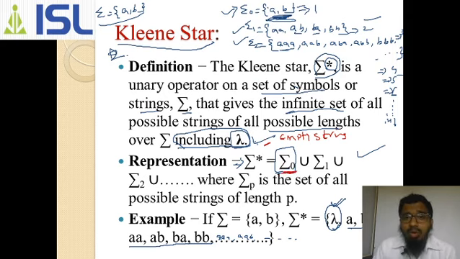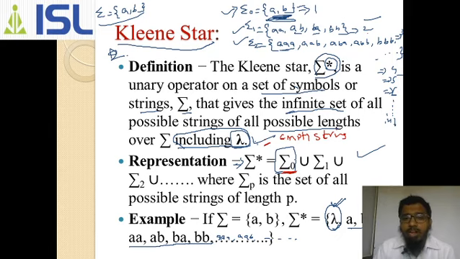This Kleene star starts from sigma 0. Sigma 0 is the empty string. Sigma 1, what is sigma 1? With this sigma we can make A, B. Sigma 2 gives AA, AB, BA, BB. This is level 2. Sigma 3 gives AAA, AAB, and so on. This is level 3. Then 4, 5, 6, you can make any number of possible strings.